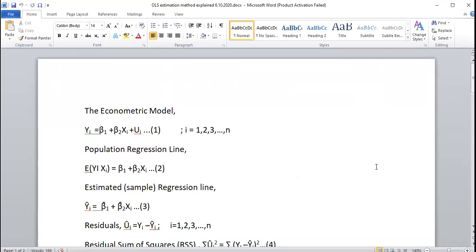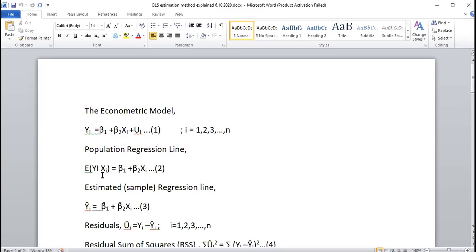So basically what we wanted to do is we wanted to estimate the slope and intercept of an economic relationship. So the econometric model where y is a function of x and it's a linear model here, y equals beta 1 plus beta 2 xi plus ui.